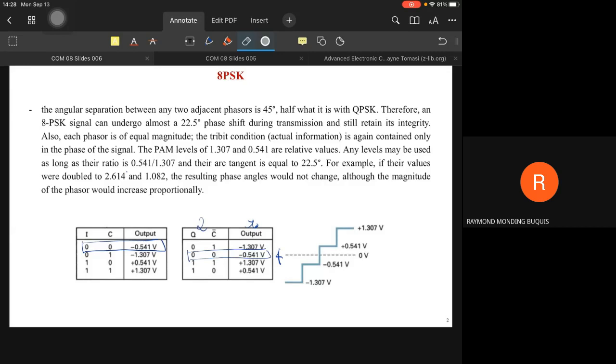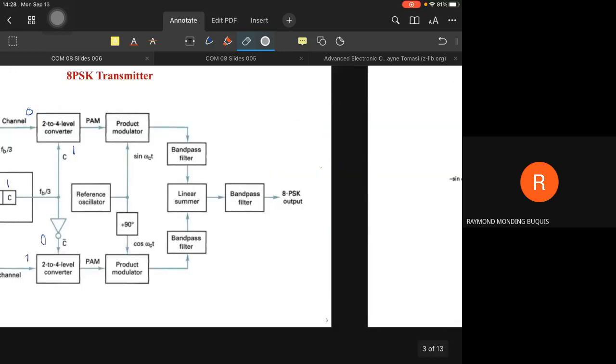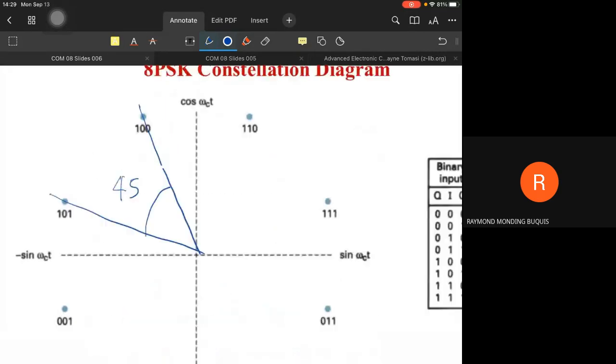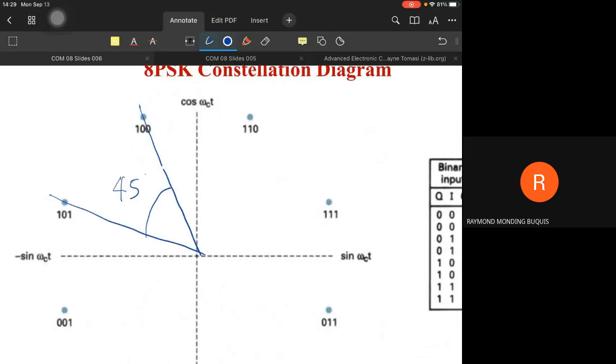So the angular separation between two adjacent phasors is 45 degrees. So 22.5 is because we divide 45 by 2.